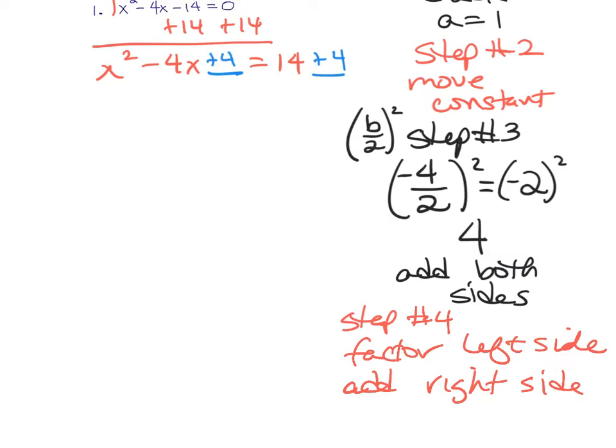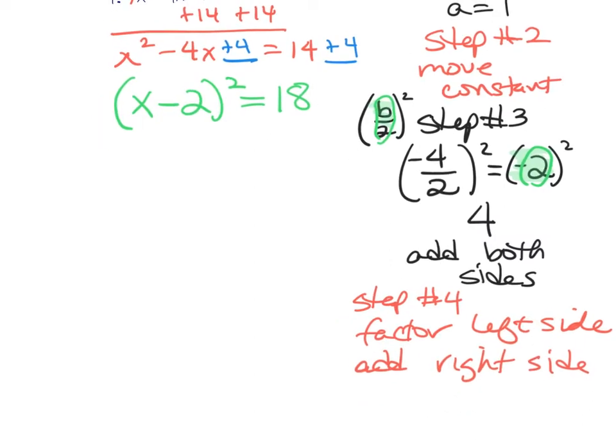If you just remember what you got when you divided the b term by 2, that's going to be the number in your binomial. So this will factor into x minus 2 squared. Then I'm going to add the right side, and I get 18. The number that you put into the binomial squared is the number that you got when you divided b by 2.